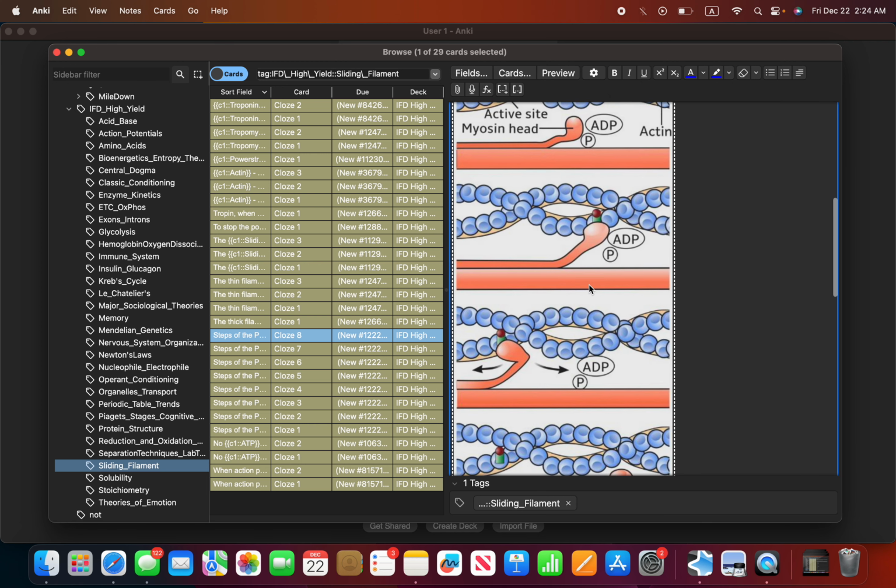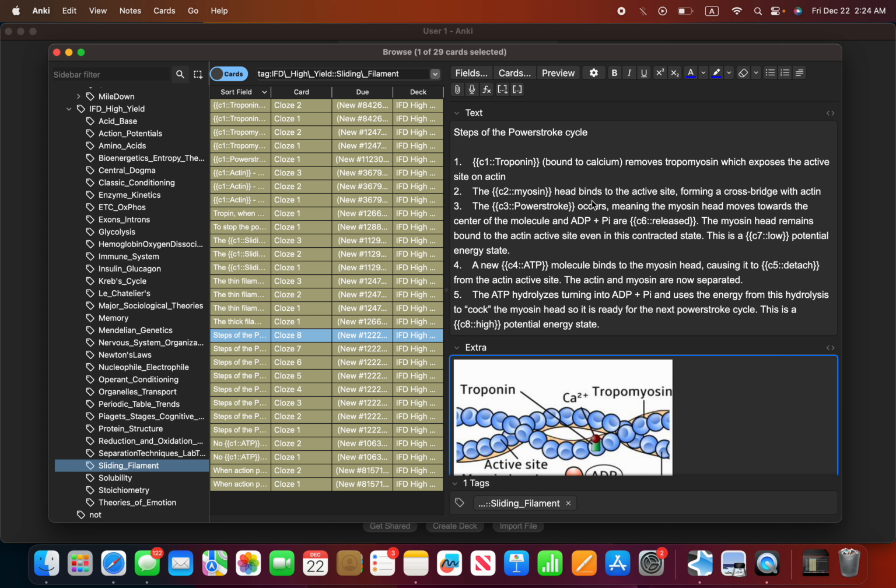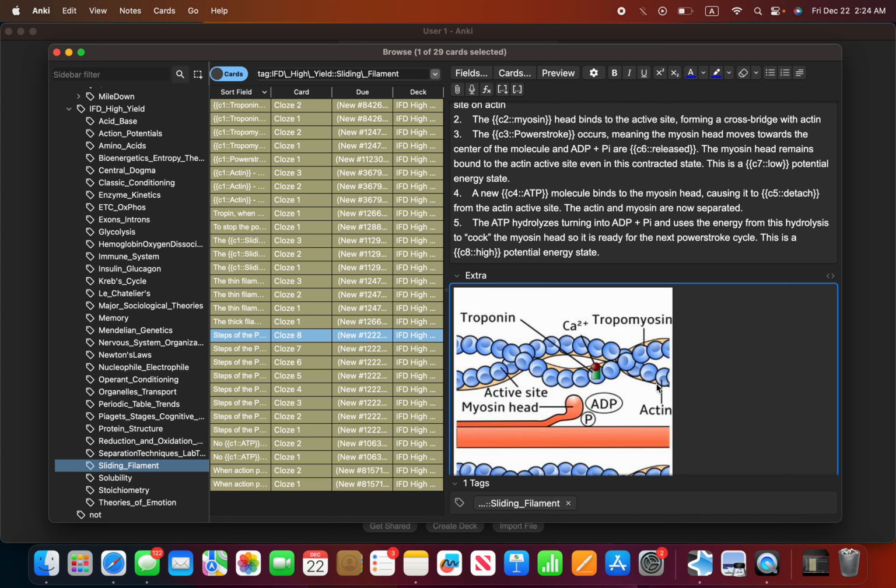We'll see. So the first step is that the troponin bound to calcium removes tropomyosin, which exposes the active site on actin. Right. So the blue circles are actin. Tropomyosin is like the backbone, the yellow line.